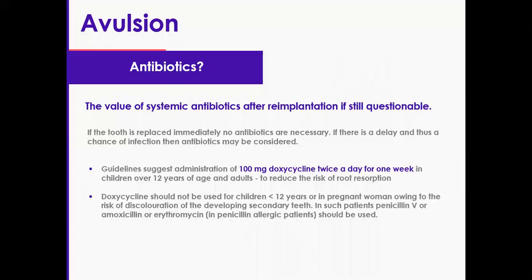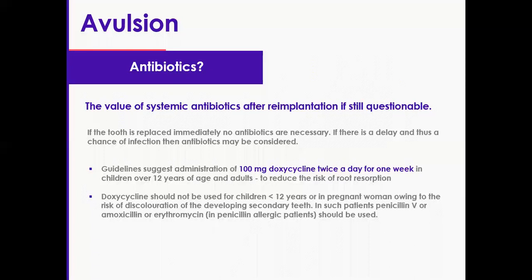Obviously, check the medical history and BNF just to make sure that you are updated with all the advice. In children below the age of 12 or pregnant patients, you should not use doxycycline for obvious reasons, for staining. So there's risk of staining.